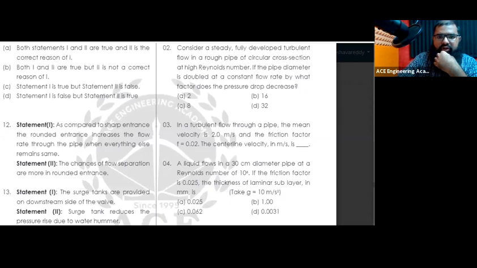You can take a snapshot of the question. A fluid flows in a 30 centimeter diameter pipe at a Reynolds number of 10 power 6. If the friction factor is 0.025, the thickness of laminar sublayer in mm is equal to how much? The reason for taking this question I'll tell you later on.